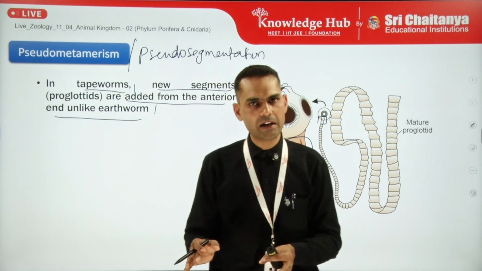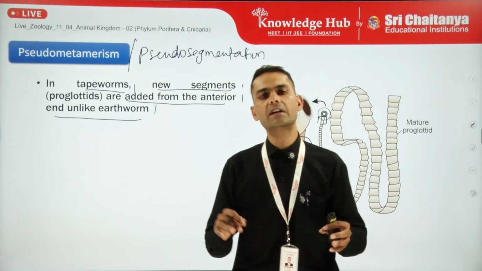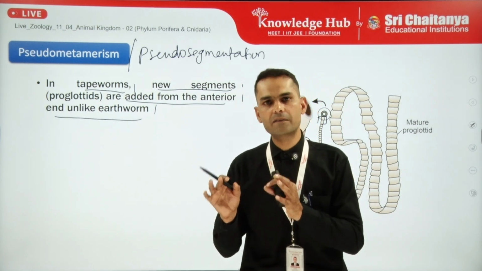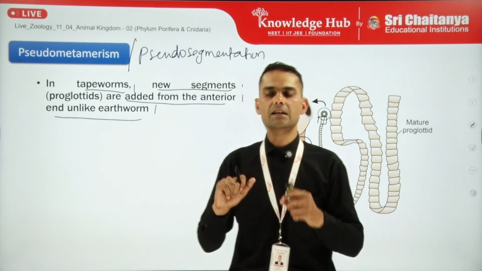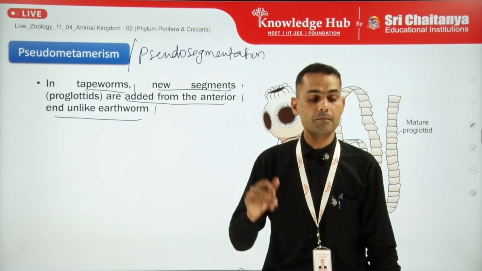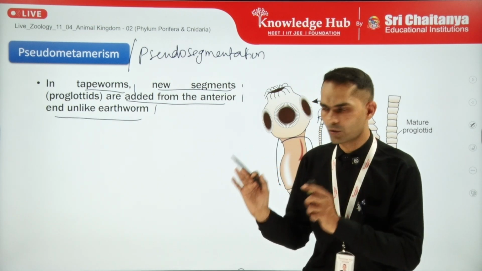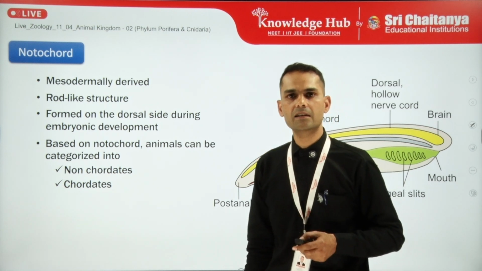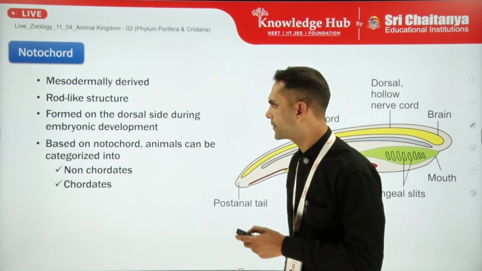So this type of segmentation, in which the segments behave more or less independently and do not have coordination with the adjacent segment, is termed pseudo-segmentation or pseudo-metamerism.